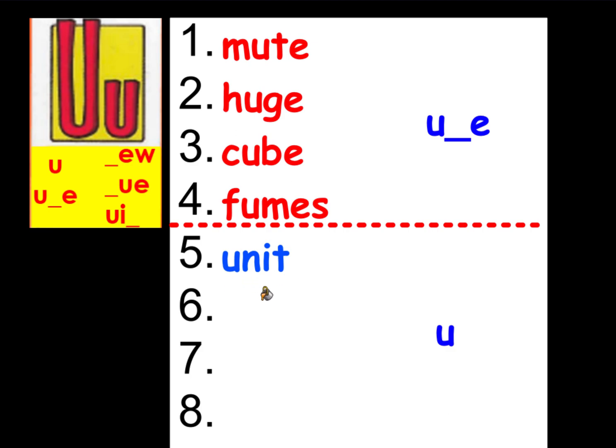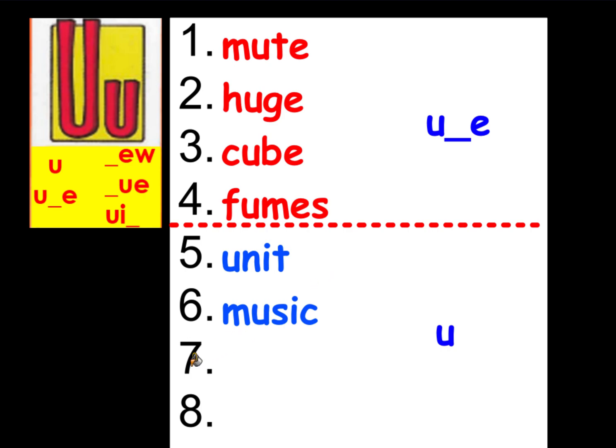Unit. Number 6, music. I like to listen to music in my car. I like to listen to talk radio even more. Music. Here we have the I talking to the U again.